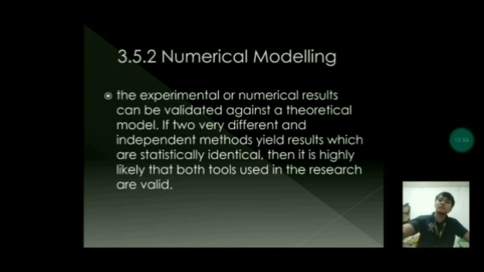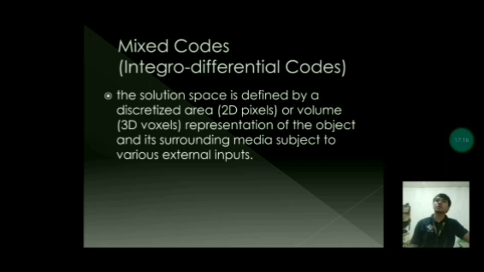Next is numerical modeling. There are many computer codes on the internet, and one of them is Flitora. Computing codes, which are based on the solution of differential equations, require a solution space which has finite dimensions. Examples of it are finite element and finite difference methods.